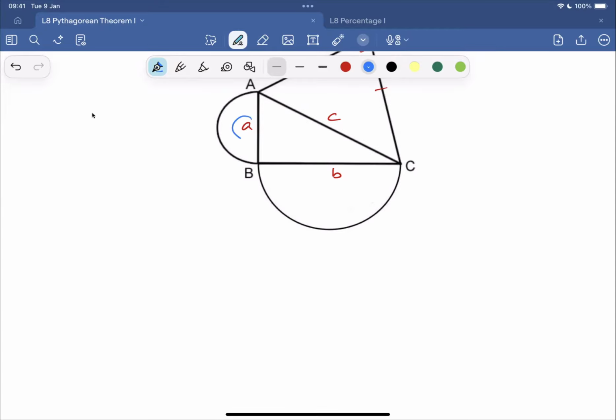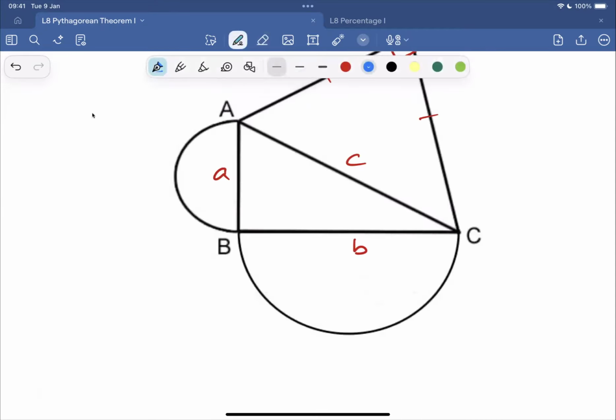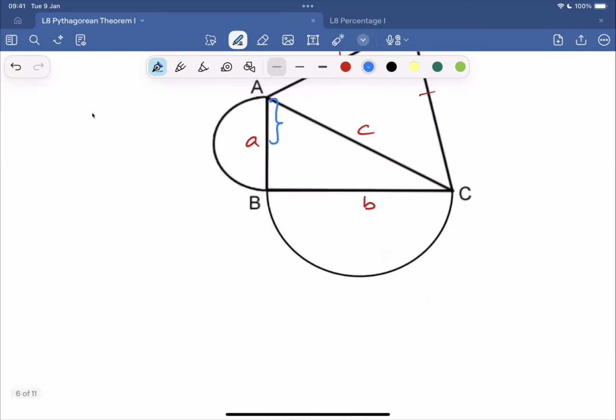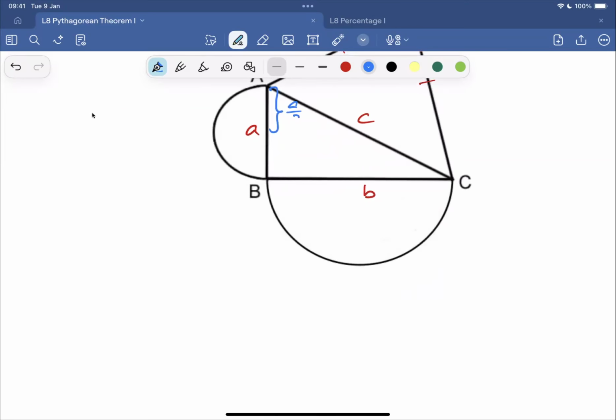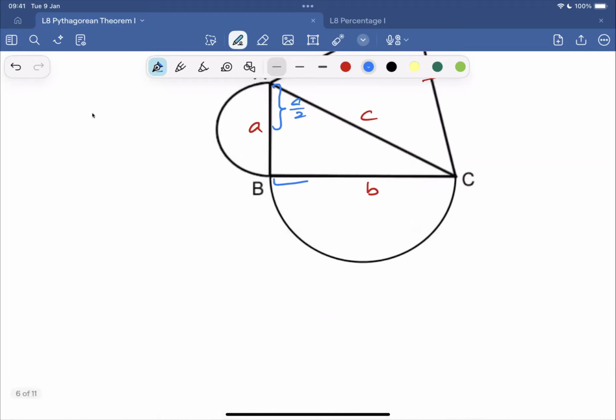So if I call this side A, can you tell me what is the radius of this semicircle? Half of A. Yes, very good. Half of A, which is A out of 2. And can you tell me what's the radius of this semicircle? B out of 2. Correct.